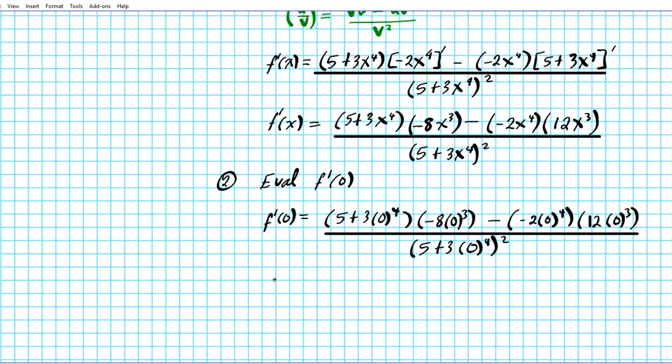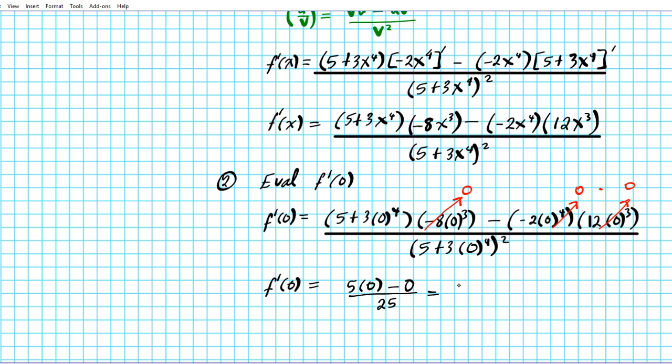Okay, so we can easily see what this is going to be. F prime of 0 is equal to, this entire term here is 0, and these two are both zeros. So the entire numerator is 0. It's basically 5 times 0 minus 0 times 0 over, and then the denominator we have, this is 0 also, 5 squared, which is just 25.